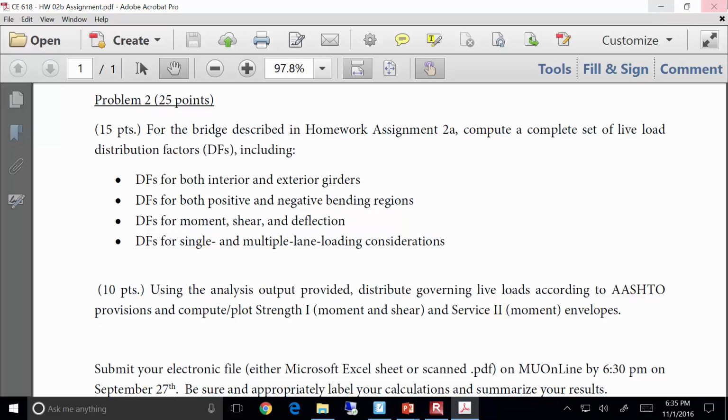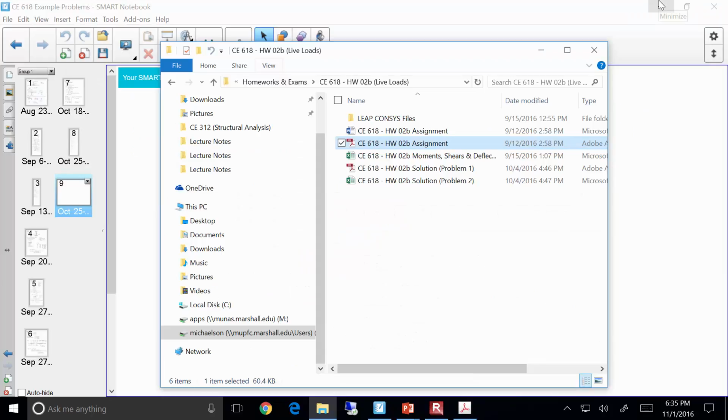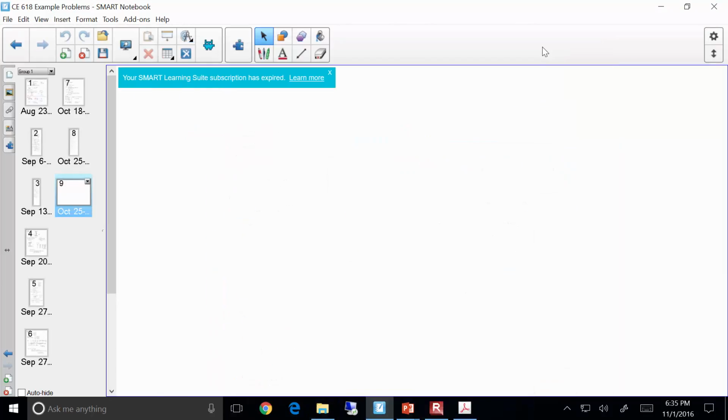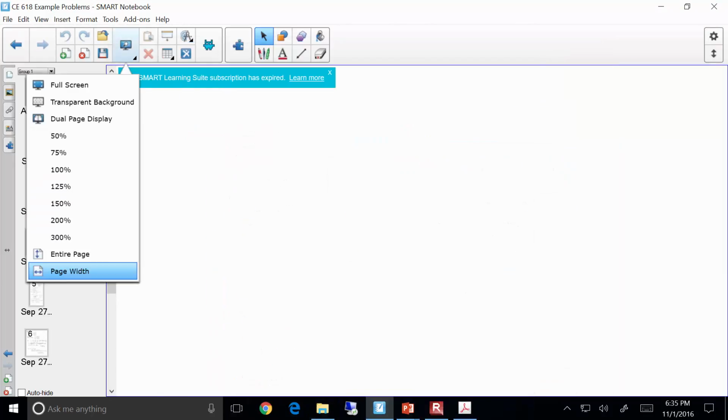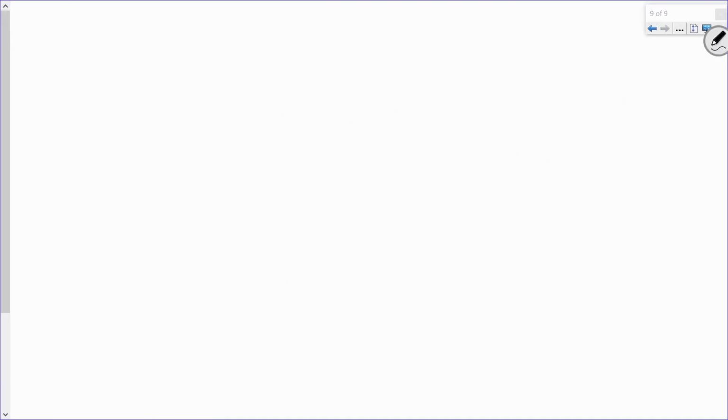Okay, number one is in relation to the lever rule. I just wanted to go ahead and write this out. So for the lever rule, when you do your truck placement, this is what you do.